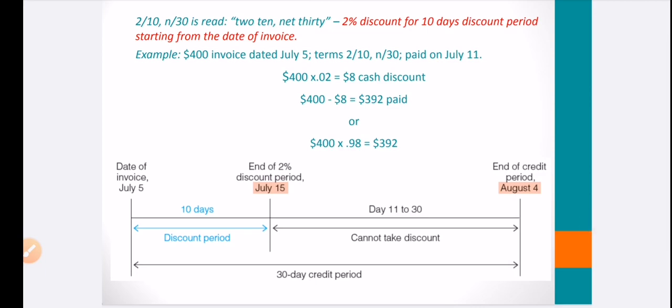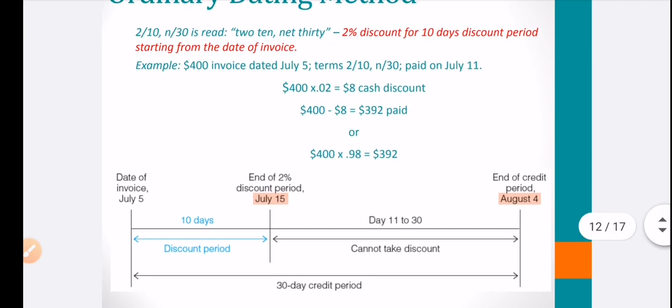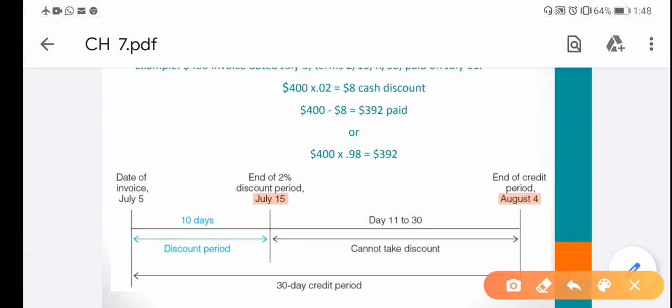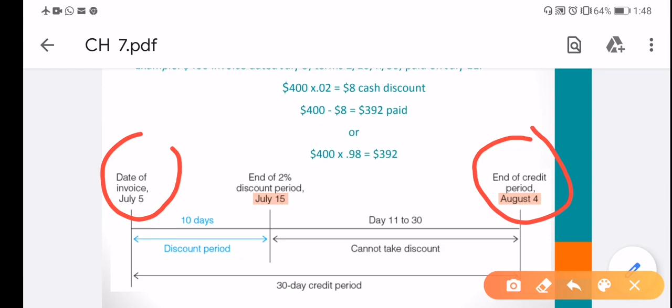Notice that the invoice is dated July 5, so we start on July 5. Then net 30 means we end on August 4. That is 30 days.